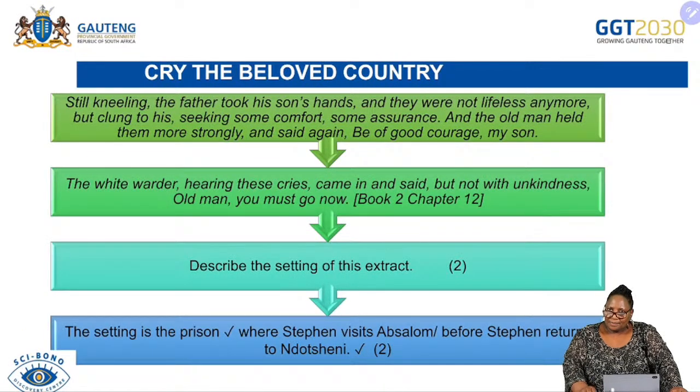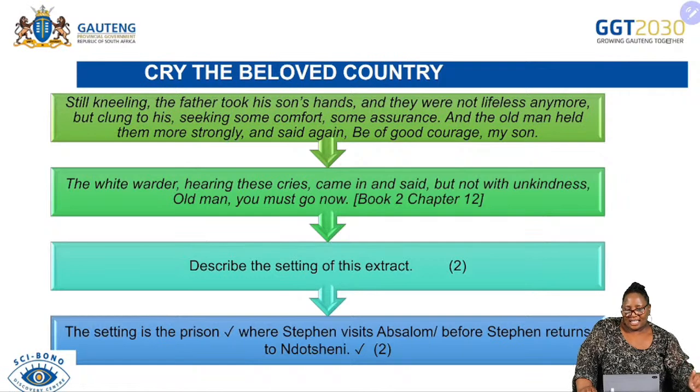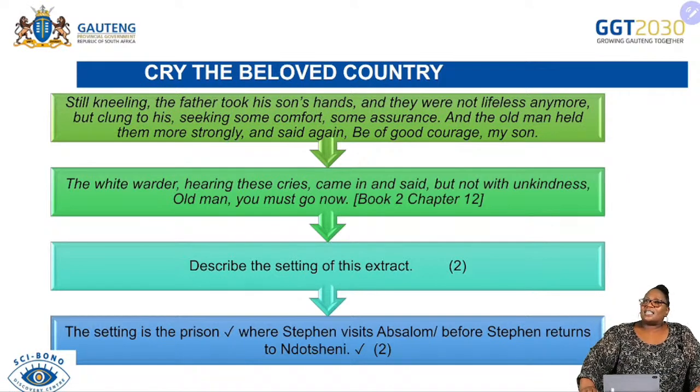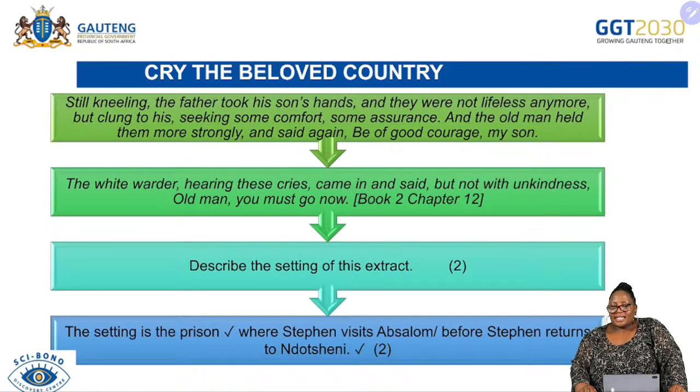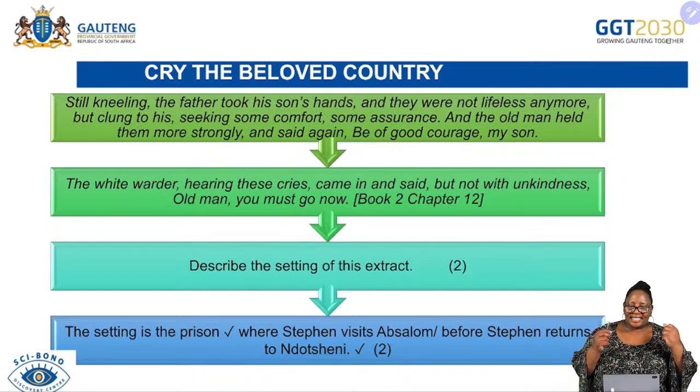Grade 12 learners, let's read the next extract. Again, we're going to look at 13. Let's read. "Still kneeling, the father took his son's hands, and they were not lifeless anymore, but clung to his seeking some comfort, some assurance.